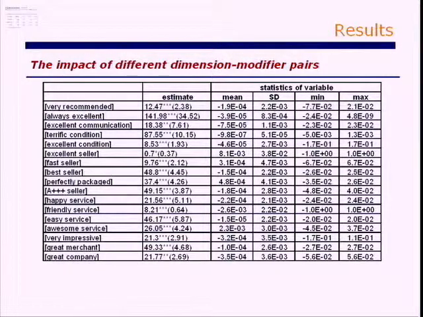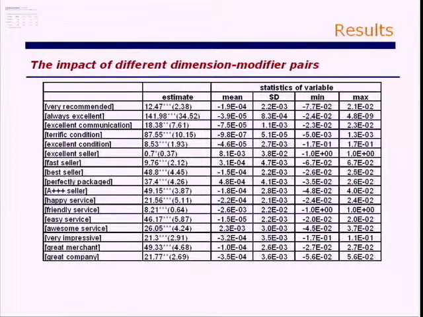So excellent communication is good, best seller is good, friendly service is good, great merchant is good. I'd hesitate to compare the magnitudes of these across because the ranges of the variable values are different.